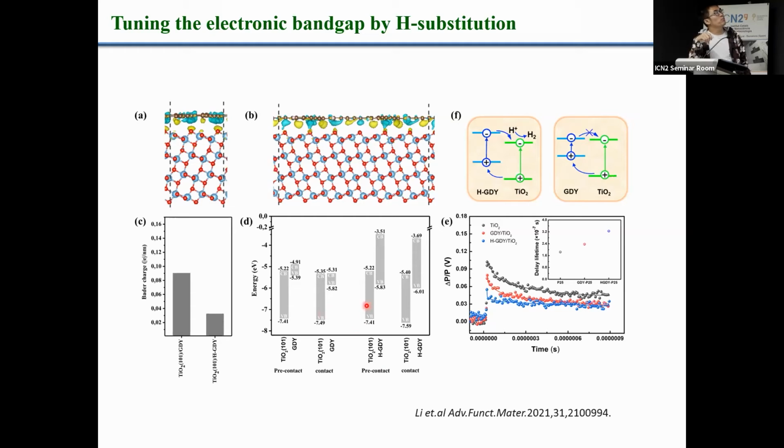We can see for both of these two facets, the energy level difference fits a type 2 structure. So this type 2 structure is better for charge transfer, the electron transfer here and the hole transfer from here to here. So this structure is better for charge separation for the photocatalytic activities.